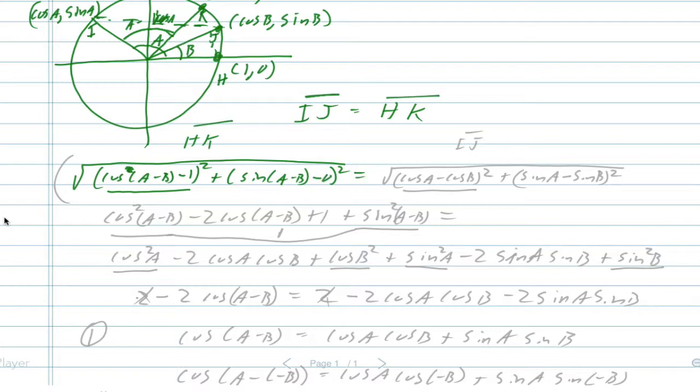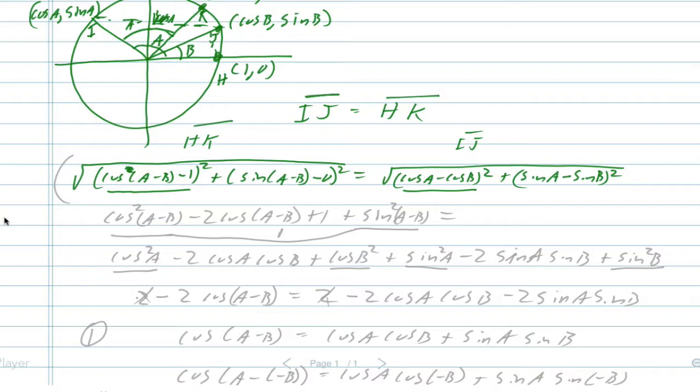And that will equal the IJ line segment, which would be cosine A minus cosine B, squared, plus sine A minus sine B, squared.